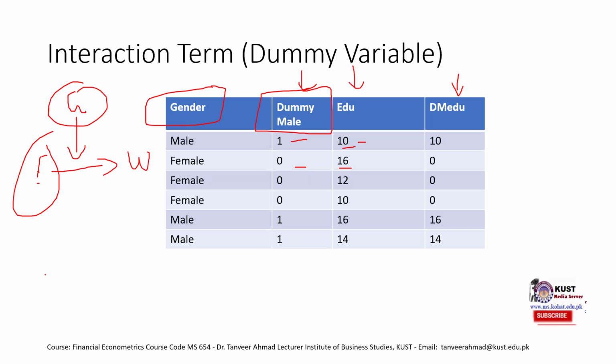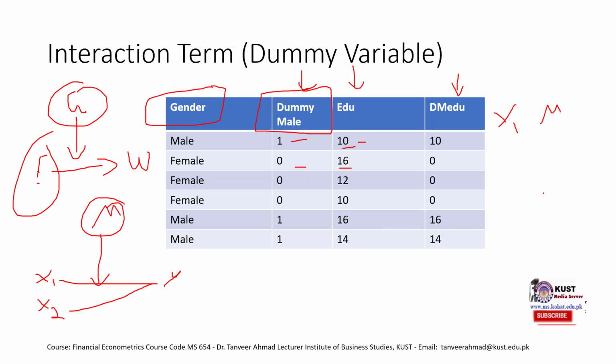So let's create another model where we have x1, x2, two independent variables, and one dependent variable, and there is a moderating variable which just affects the x1 variable, not the x2 variable. So in this case, what would we do? We would have this x1 variable, this m variable, which let's say is a moderating categorical variable. We would multiply this x1 variable with m, and we would have x1m. We have used this similar concept here.